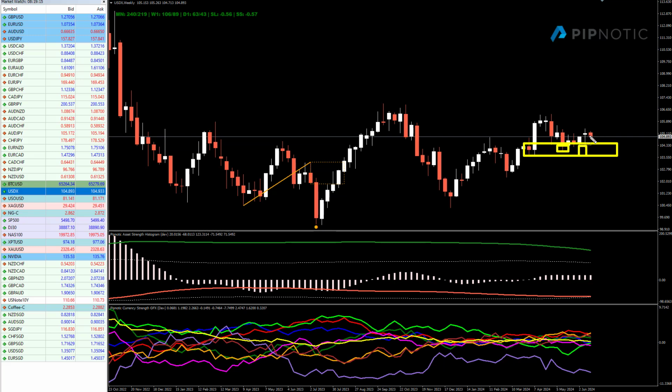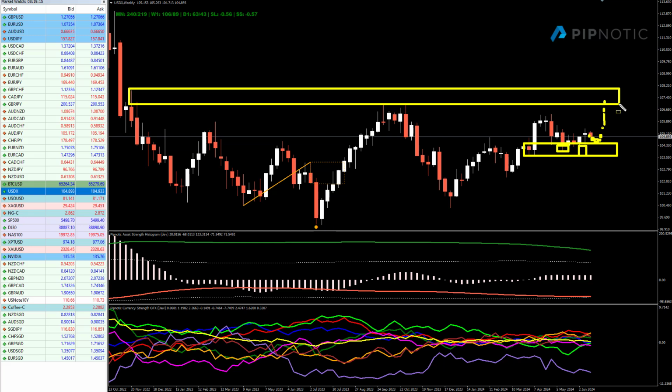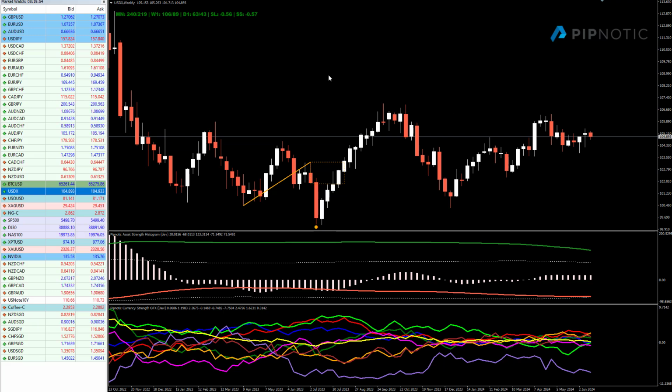This is a weekly chart, and so I'm thinking we'll probably see this continue higher, maybe revisit these highs just around here. Got a sell zone here, release candle, test, and we're not there just yet. So I think that we'll probably see a continuation of buying.